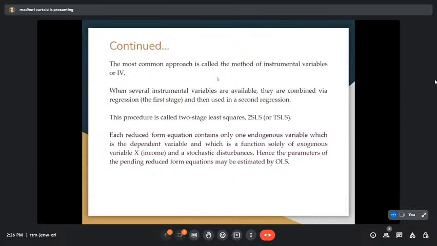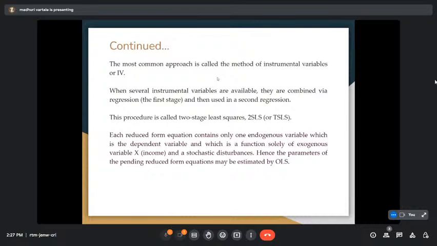When several instrumental variables are available, they are combined via a first stage regression and then used in a second regression. This process is known as two-stage least squares, or 2SLS.